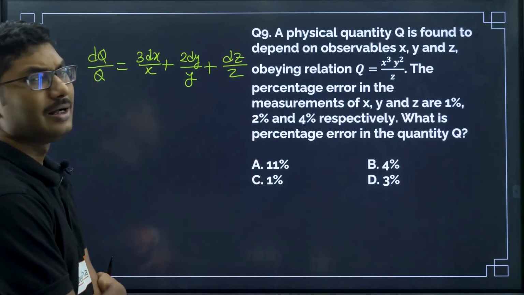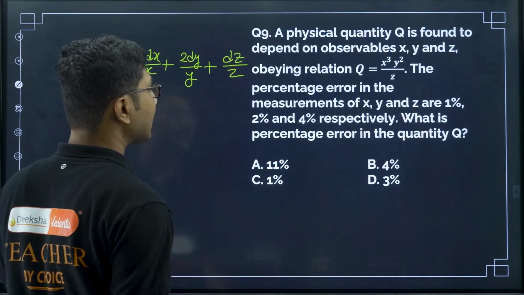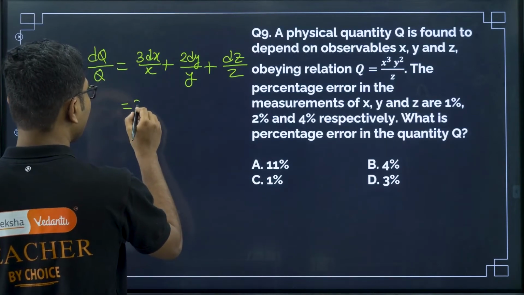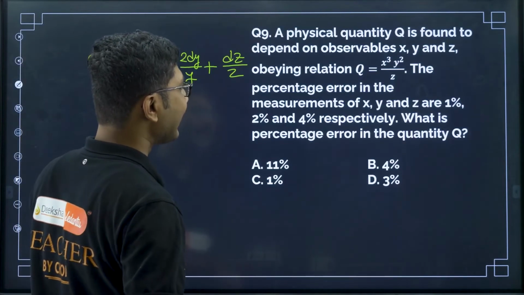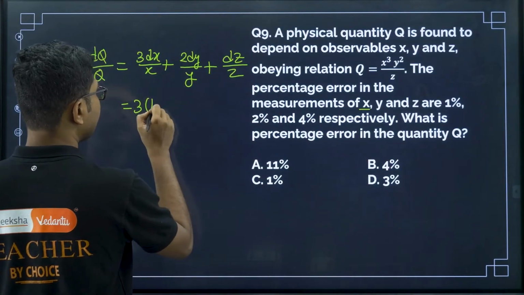Okay, so this is the addition of the errors. Because the values are already given in terms of percentage, we don't need to do anything, we only need to put in the values. Percentage error in x means dx by x in percentage, so that is 1%.